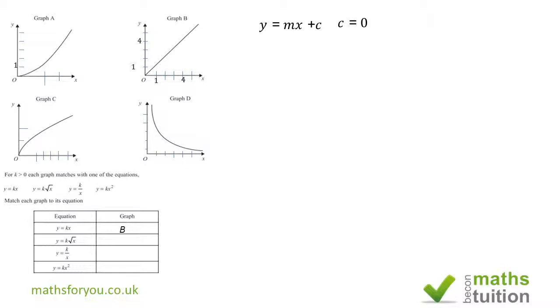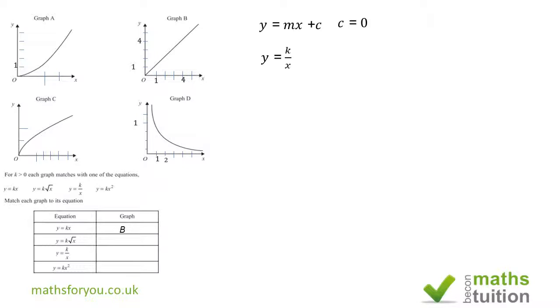Now for equation y is equal to k over x, it's saying to us that when x increases, y will decrease, and conversely, when y decreases, x will increase. And that's what we got in graph D. For instance, when x is 1, y is 1.